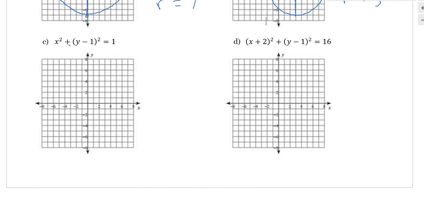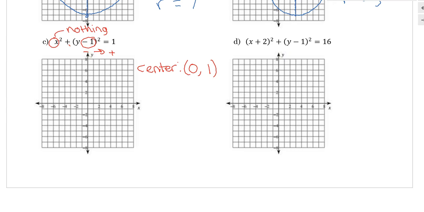x squared plus (y minus 1) squared. All right, well, with x, there's nothing. Negative changes to a positive there. So my center is at nothing with x, and then positive 1 with the y.